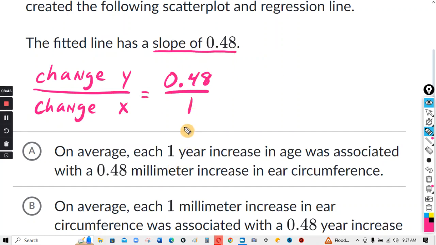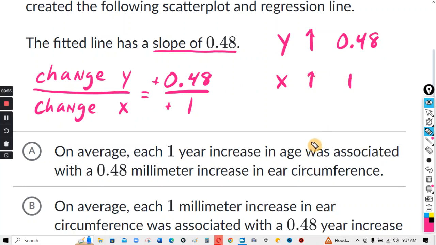Remember, you can put any number over 1 and it doesn't change the value. Since these are both positive, that means y increases by 0.48 and x increases by 1.